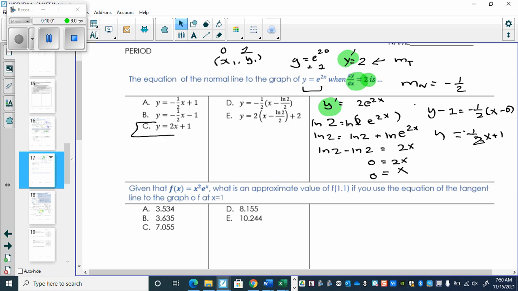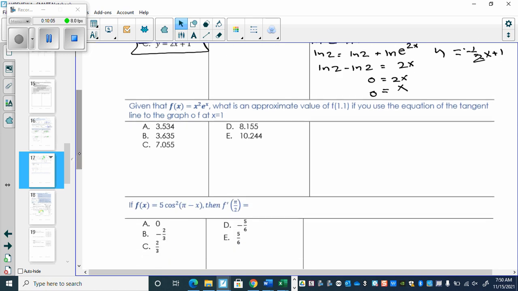And you will see this type of stuff possibly on your test, and you'll see it in the homework or in the notes tonight. Given that f of x equals that, what is the approximate value of 1.1? So if you do it with a calculator, you're going to get this, but we want to approximate this value. So the way we do that, we get the derivative.